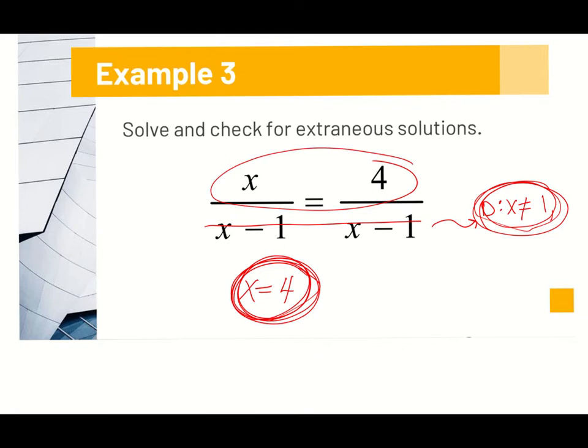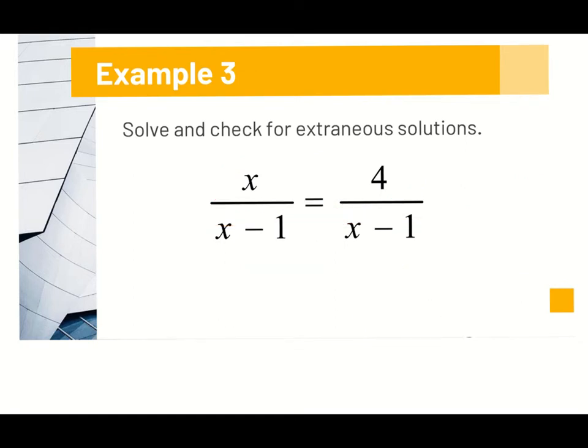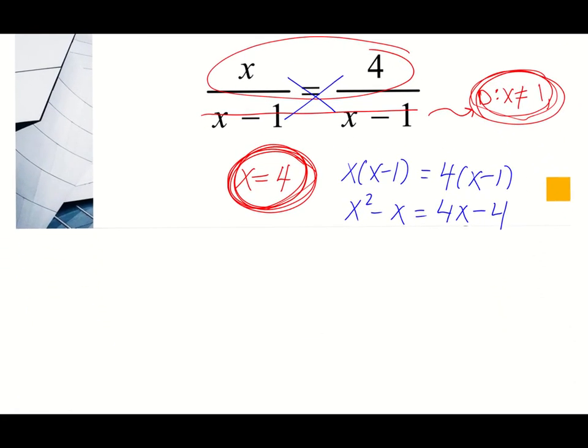Now, you could go through and cross multiply if you don't recognize that right away, and you would get x times x minus 1 equals 4 times x minus 1. And you would get x squared minus x equals 4x minus 4. And once we have an x squared, just like we did with radicals, we have to get everything to the same side, set it equal to 0 so that we can factor.